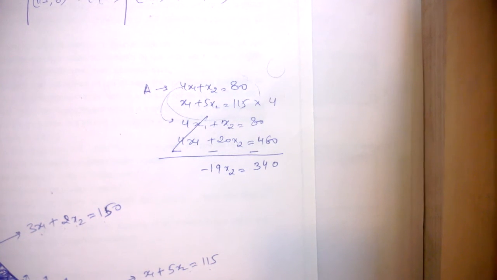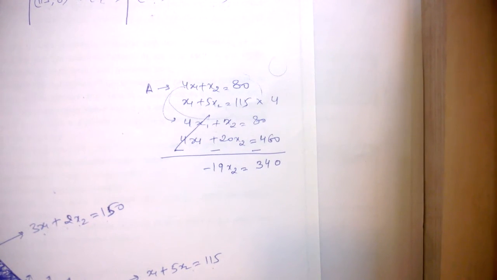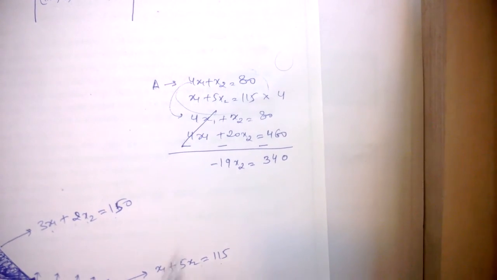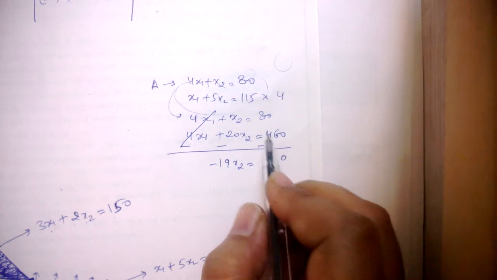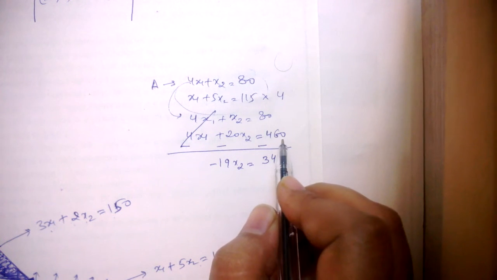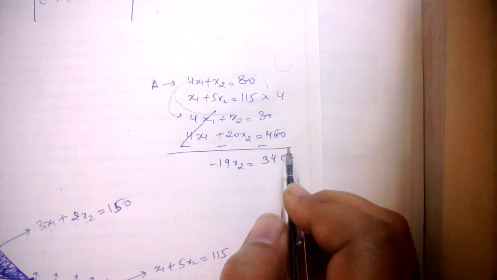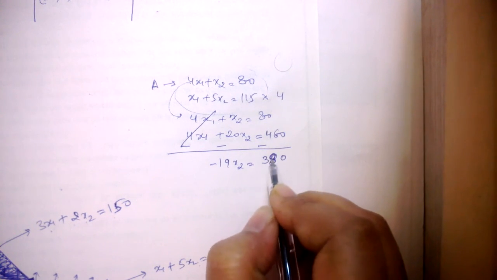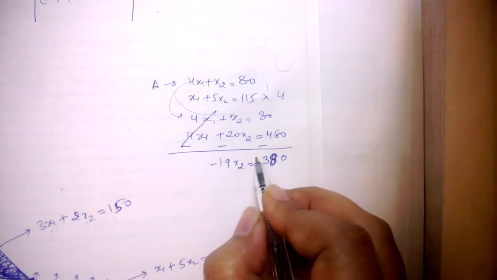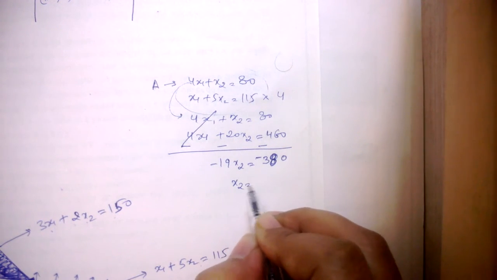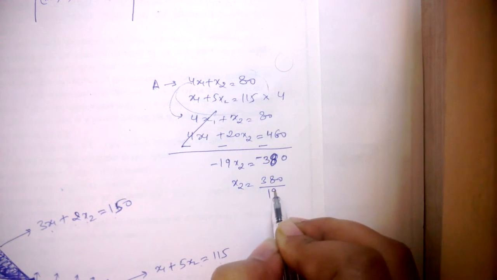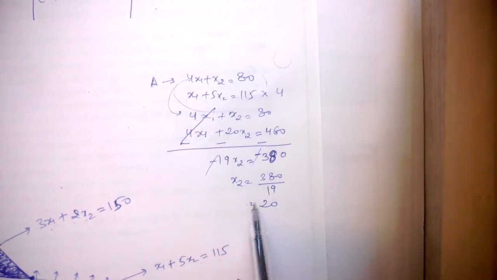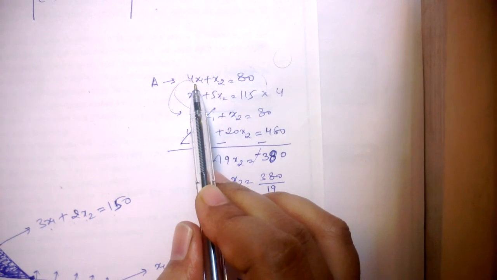Okay, so now we'll obtain the x2 value. So what will be x2? When we subtract, sorry, this will be 380. I'm so sorry, this is 380. And we also get a minus sign here. So x2 is 380 by 19, the minus sign will get cancelled. So this is 20. Okay, so if x2 is 20, then what will be the value of x1?